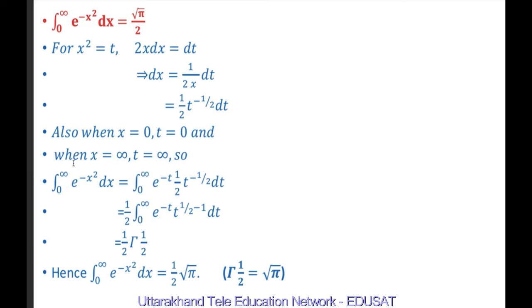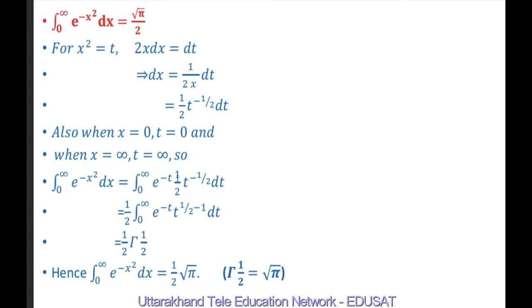So 0 to infinity e raised to power minus x square dx is equal to, because limits are same, 0 to infinity, and e raised to power minus x square is nothing but e raised to power minus t, and dx is half t raised to power minus half dt.